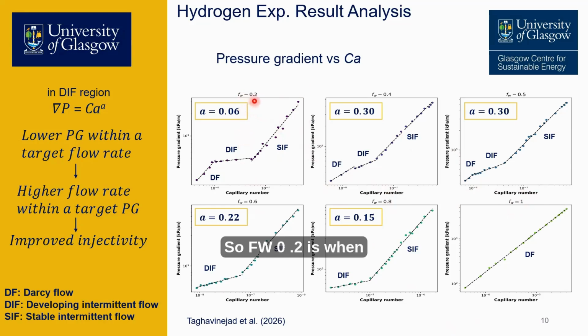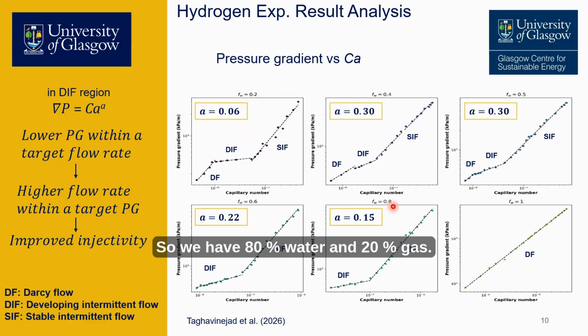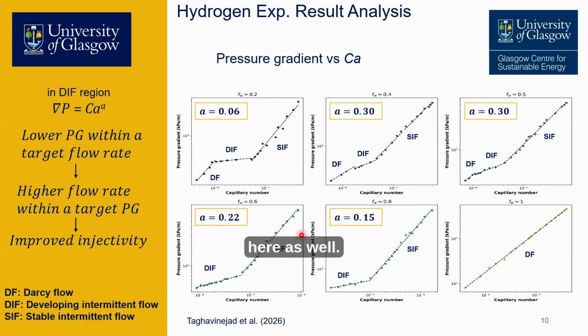FW 0.2 is when we have 20% brine in the injection fluid and 80% gas. In 0.8, it's the opposite. So we have 80% water and 20% gas. And there are some intermediate values in here as well.